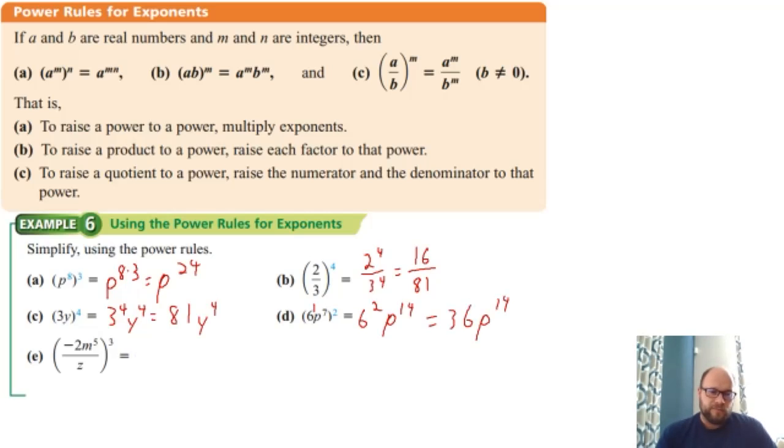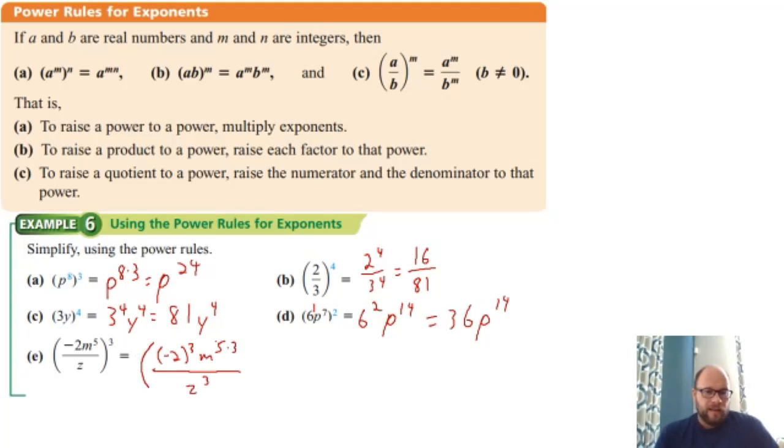For E, we have negative 2, m to the 5th power, over z to the 3rd power. So that 3 goes on everything in here. So now notice, this was in parentheses. So it's as if this negative is also in parentheses with that 2. So it's going negative 2 to the 3rd power, m to the 5 times 3 power, and then z to the 3rd power.